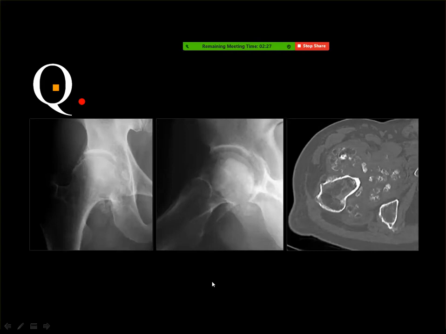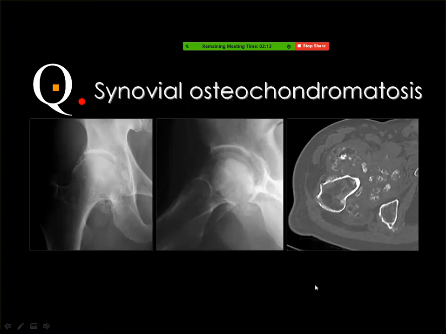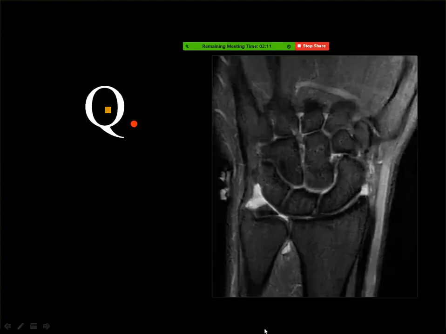Osteochondromatosis. Yes, and this is synovial osteochondromatosis. You got too many loose bodies in the vicinity of the joint. They are clearly seen here in the plain film, but they are evident in the CT scan. This is synovial osteochondromatosis.